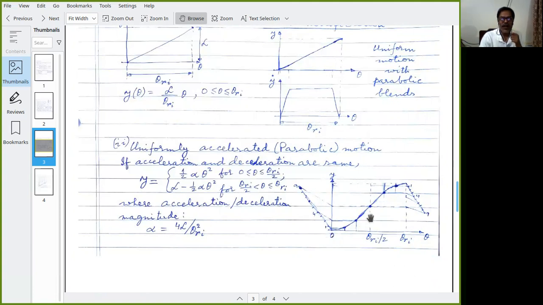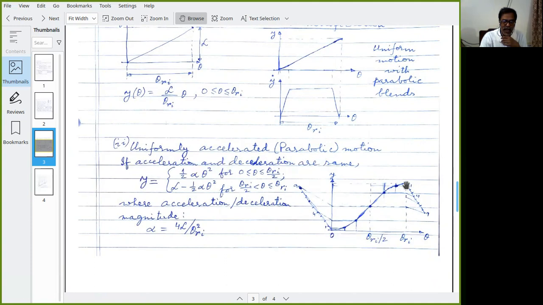That is, first half one parabola, second half another parabola, joining smoothly at the center. Now, it could be that the acceleration magnitude here is less and here is more, or the other way around, with this segment and this segment not being both half but unequal. That's also possible.